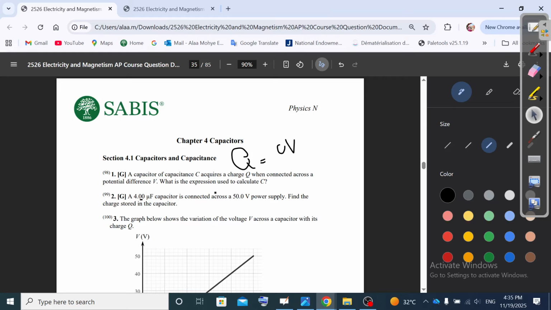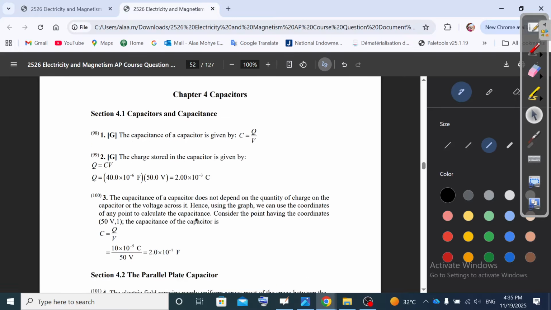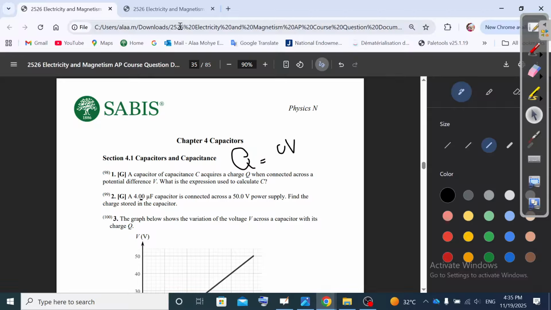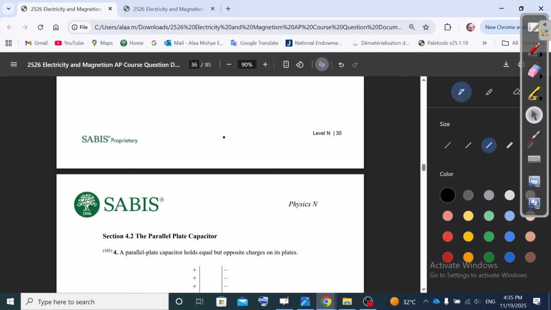You just multiply C by V, so it's 4 times 10 to the minus 6 times 50. So it's 2 times 10 to the minus 4. Oh, this is wrong, it should be 10 to the minus 4, but minor issue. You won't face this in the exam.